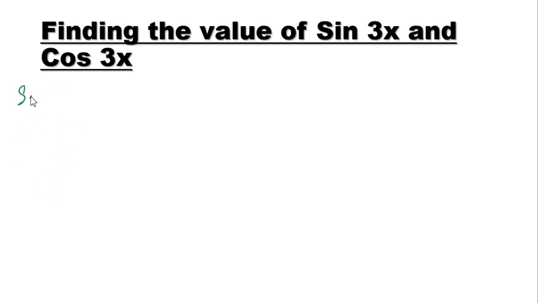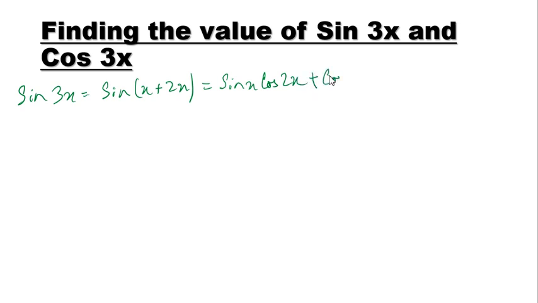The first thing they are telling us is what is sine 3x. Now beta, how will we find out this sine 3x? We will put it like this: x plus 2x. Khatam. Now sin a plus b, na? So it will be what? Sin a cos b plus cos a sin b.